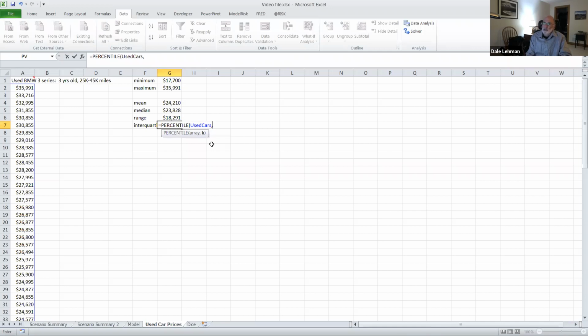And we'd want it to be between 0 and 1, so we want to look at the 0.75, the 75th percentile, minus the 25th percentile, which is $5,602 between the 25th and 75th percentile.